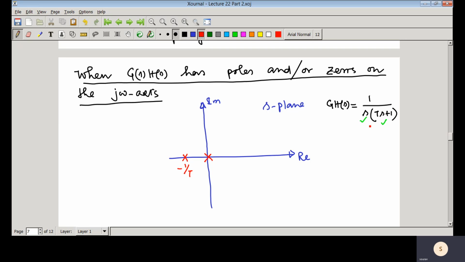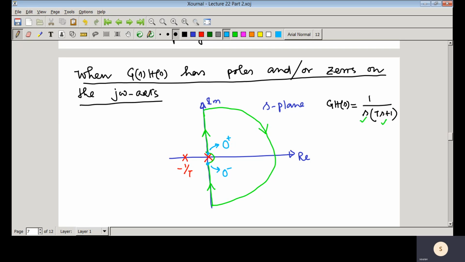So in this particular case, what would be the Nyquist contour? The Nyquist contour is taken just excluding this particular point. If you exclude that point and go like this, this is your Nyquist contour. The direction is coming here. This particular point is 0 minus, and this point is 0 plus.